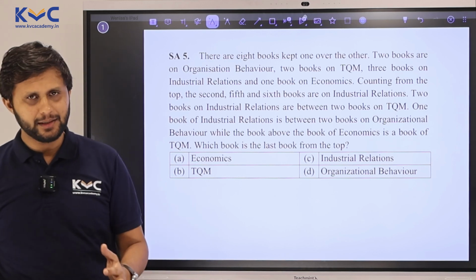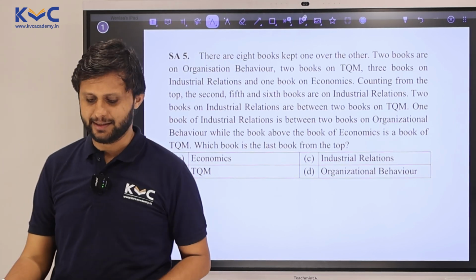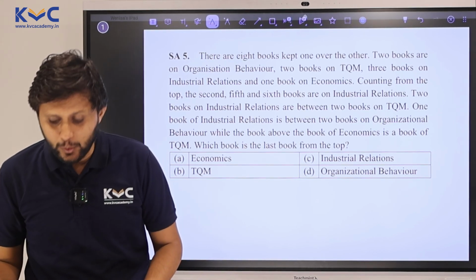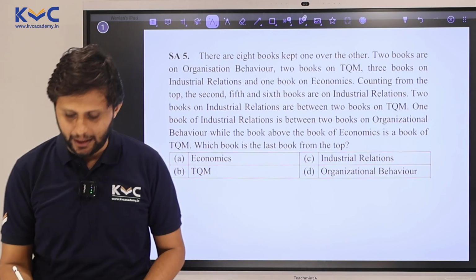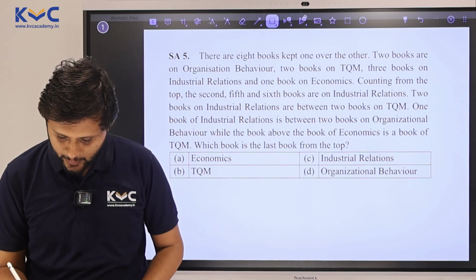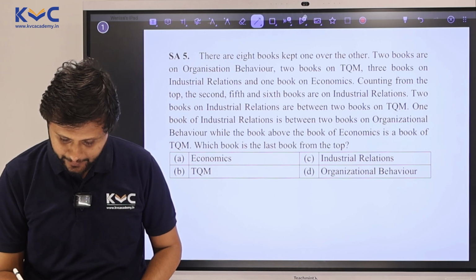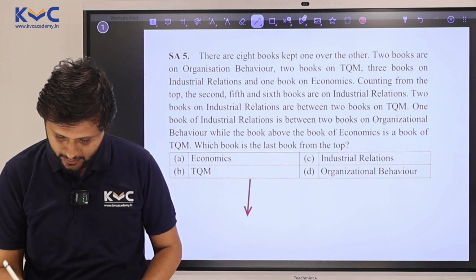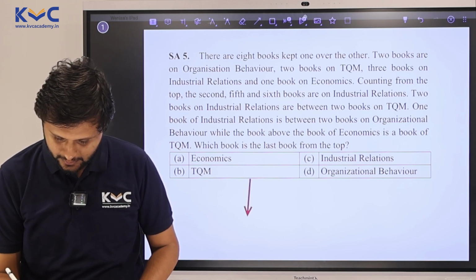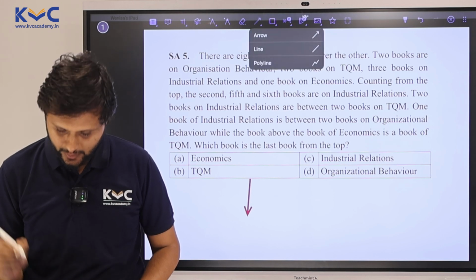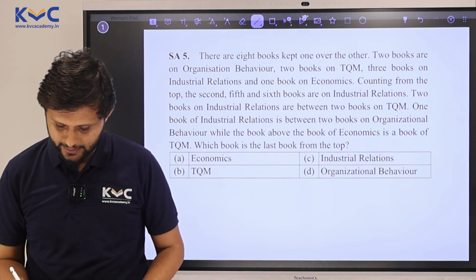Moving on, question number 5. The question is quite lengthy, but trust me, the answer is simple. There are 8 books kept one over the other. It's time to draw 8 lines. Draw a straight line, delete this, okay.